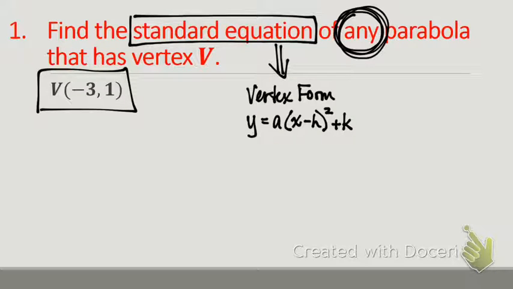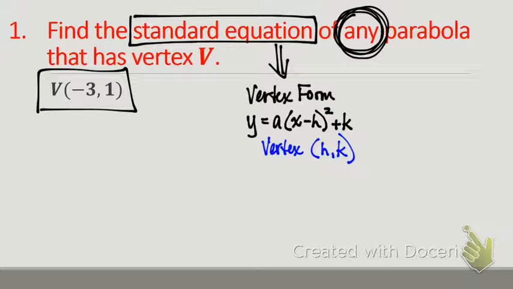When I look at vertex form, where's the vertex? That's when I'm looking at the graph. When I'm looking at the equation, how do I find the vertex? HK. Beautiful.